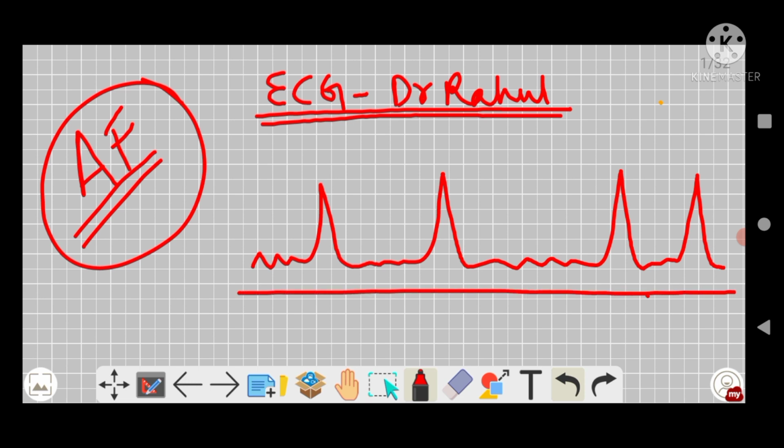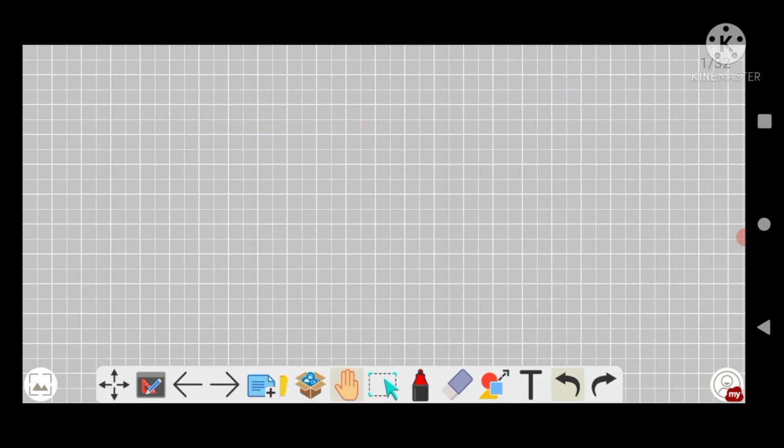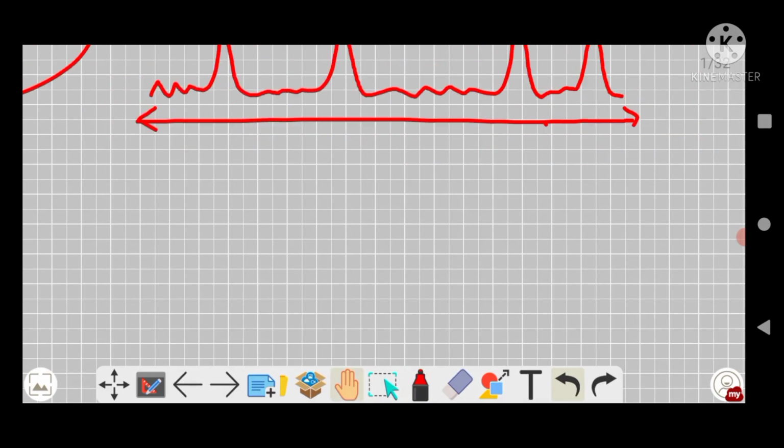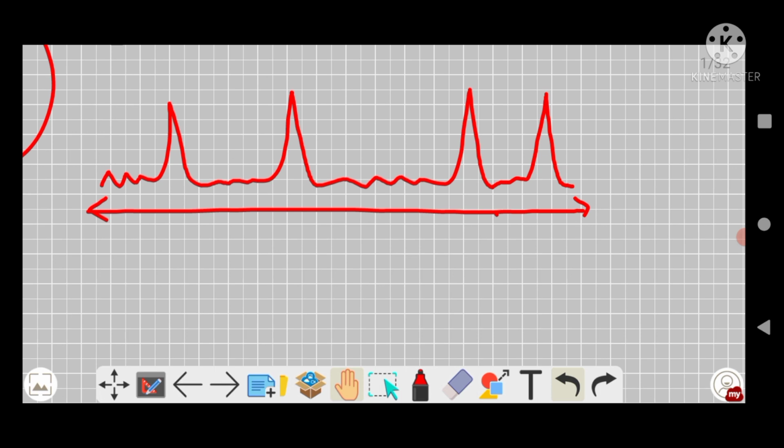The tracings of atrial fibrillation go somewhat like this. Now we have looked at the tracings. Let's first describe this abnormality, and then we will come back to the tracings.